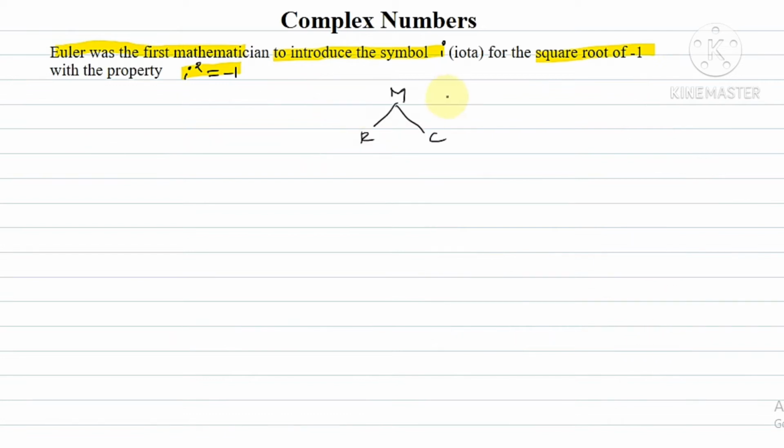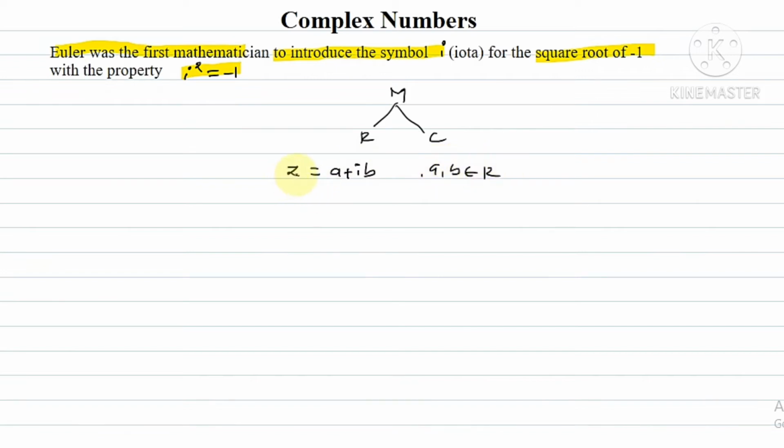Already I told you that in mathematics there are two types of numbers, real numbers and complex numbers. Now in this 11th class, a complex number can be denoted by z, that we can write as a plus iota b, where a, b belong to real numbers.